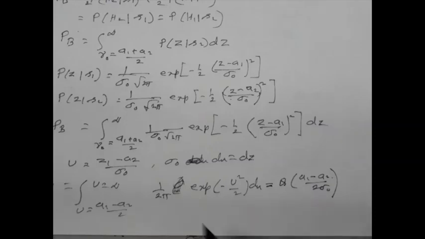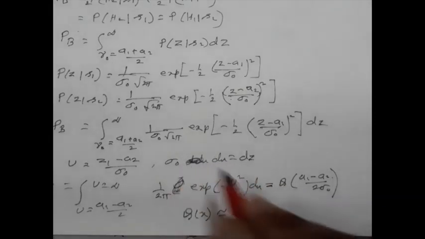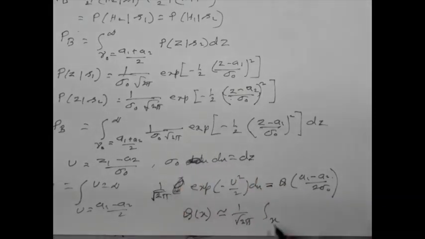This Q function, or complementary error function, Q(x), can approximately be written in this way: 1 by root over 2 pi, integral from x to infinity of exp of minus u squared by 2 du.